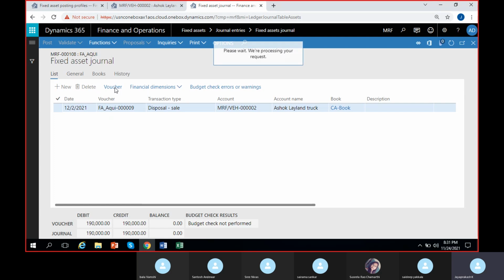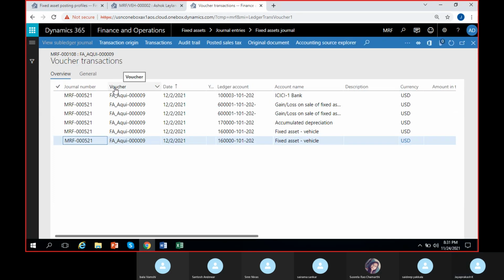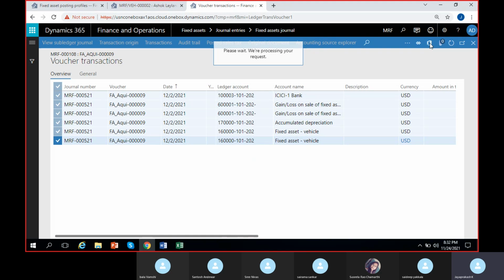Now let's see what is the voucher that is generated. Let me go for voucher. So here is the voucher that I have. I'll select it and try to export it into Excel. Hope it gets exported.